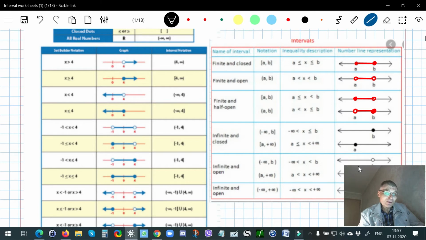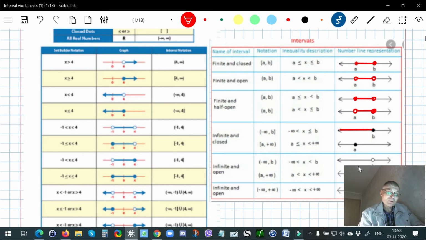Here you see, from negative infinity to B, it's an open side, and we include B. Closed, B closed, included. Let me draw it properly. When we draw it, we just draw it up to the end of our number line.